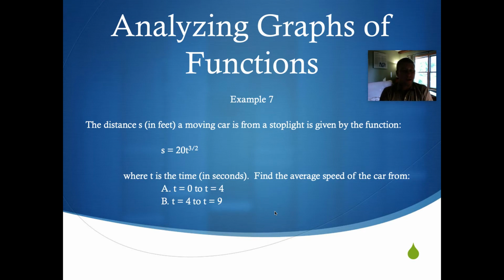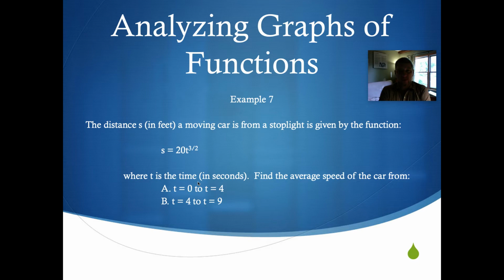All right. The example says the distance s in feet a moving car is from a stoplight is given by the function s equals 20 times t to the 3/2 power. Now remember, in terms of exponents, you're going to cube the value of t and then take the square root of that.